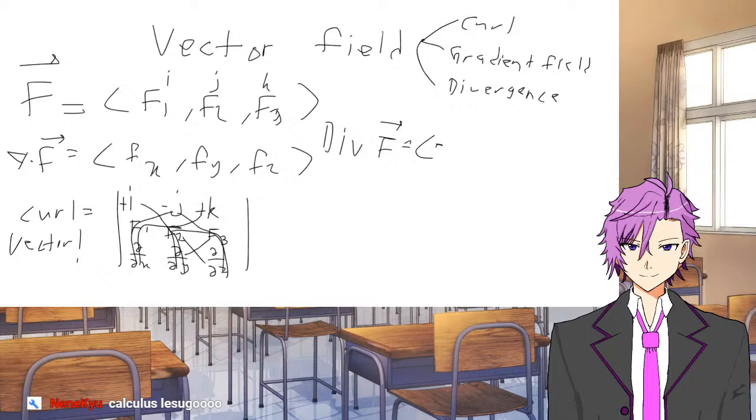So if you do f1, f2, and f3, then we'll put in d dx, d dy, d dz. So now we'll do something called the dot product. That means we have to add three terms together.